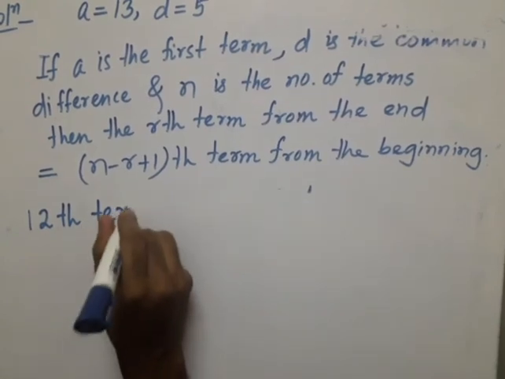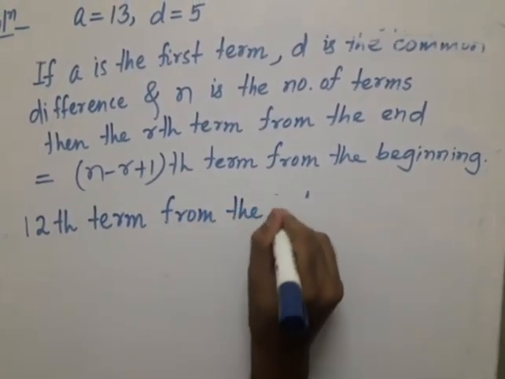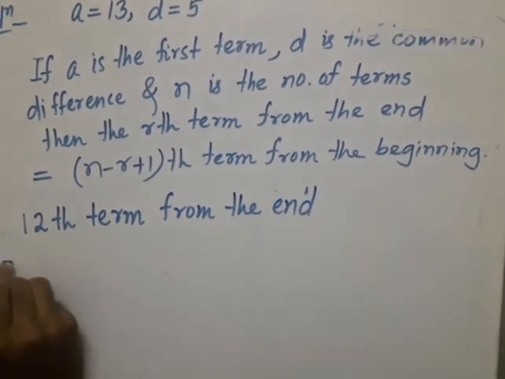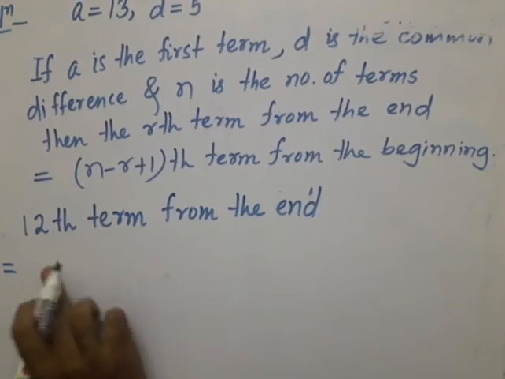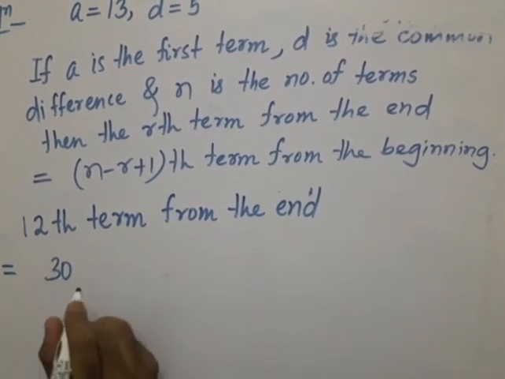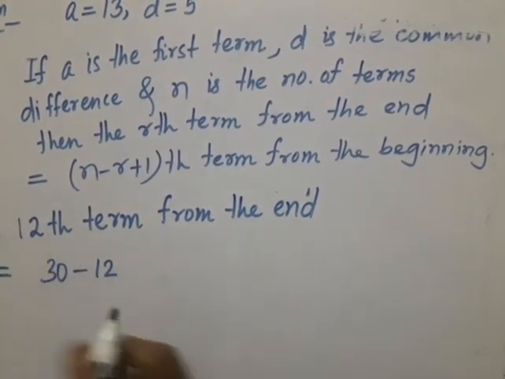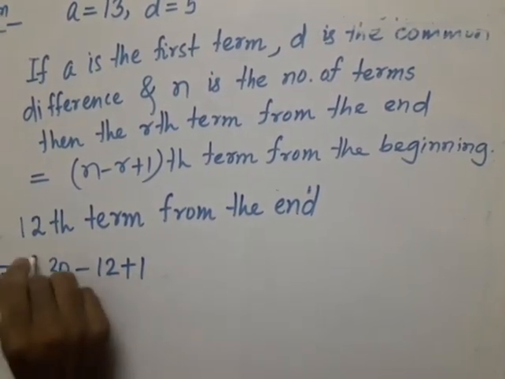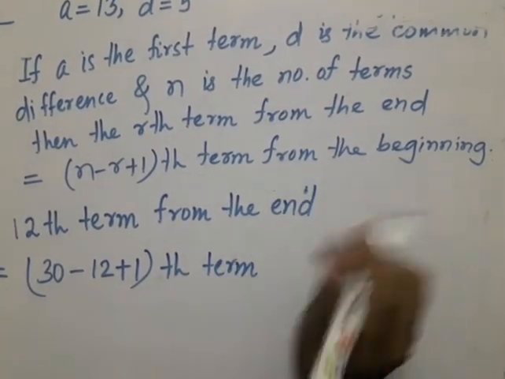The 12th term from the end will be equal to n minus r plus 1. Here n is equal to 30, minus r, which is 12, plus 1, th term from the beginning.